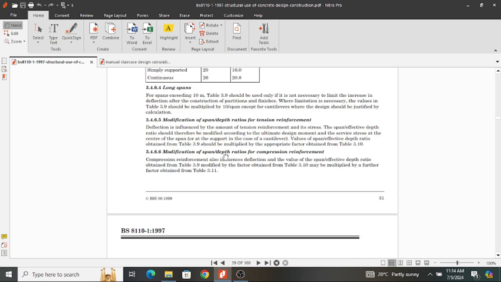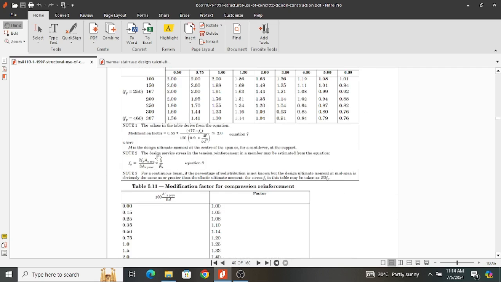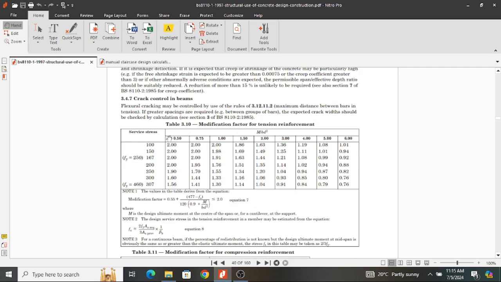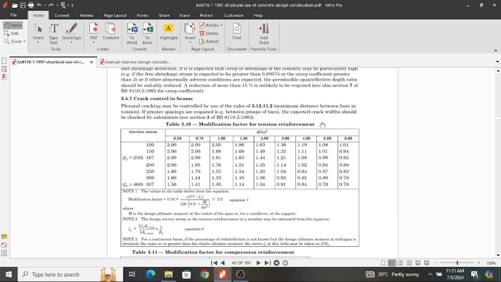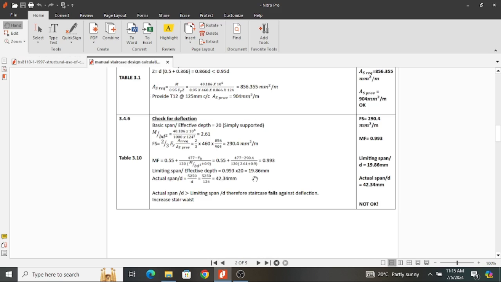Let's go back to the manual. The formula for the design is here. Let's read this table 3.10, modification factor for tension reinforcement. When you are designing for deflection, you apply the modification factor for tension reinforcement, and this will give you the factor, this modification factor we call MF.